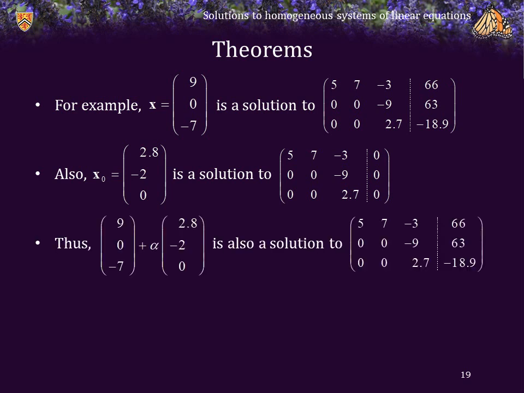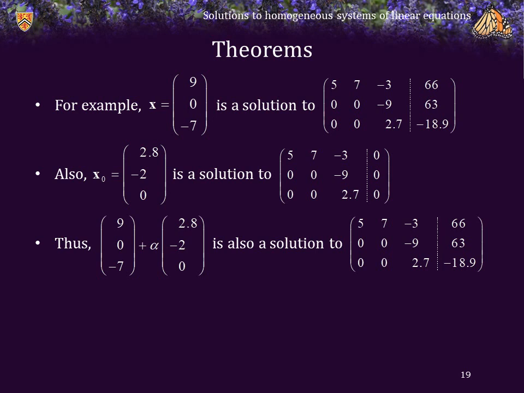Consequently, the first vector plus all scalar multiples of the second vector are all solutions to the original non-homogeneous system of linear equations. This may or may not be all of them, but it is certainly a start.